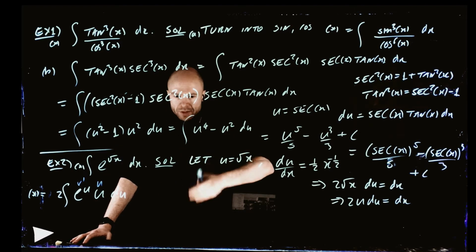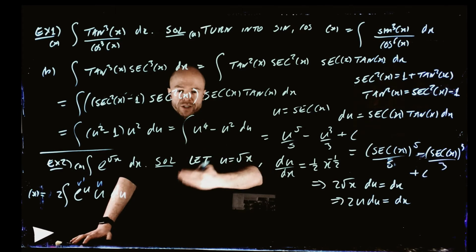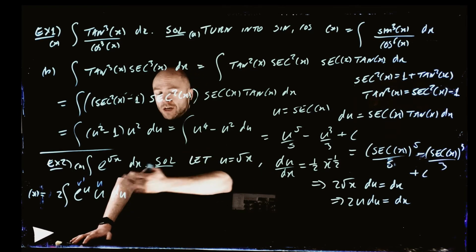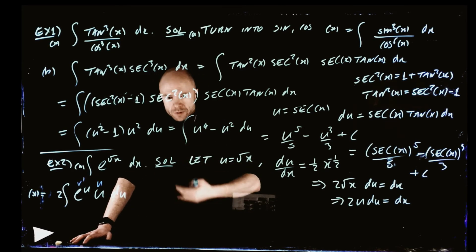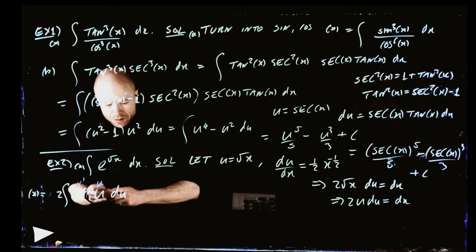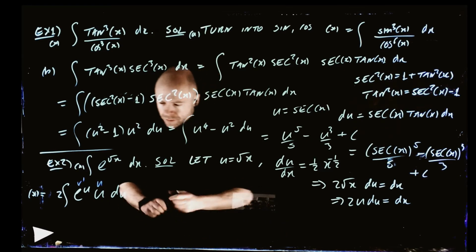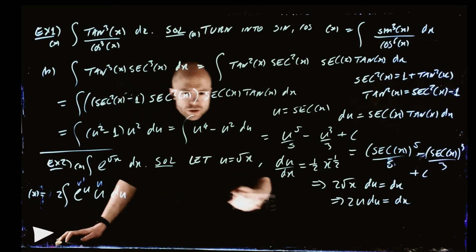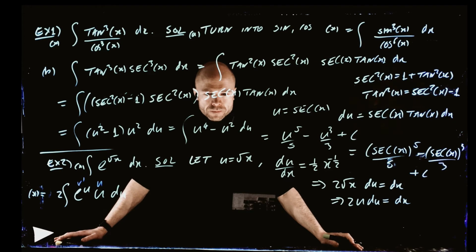E to the u never gets any better or worse when we integrate or differentiate it, right? Whereas if we differentiate u, we go from u to just 1, which makes it better, makes an easier expression, yeah? So then this guy is definitely something we want to use integration by parts with. You all see what I mean, huh?